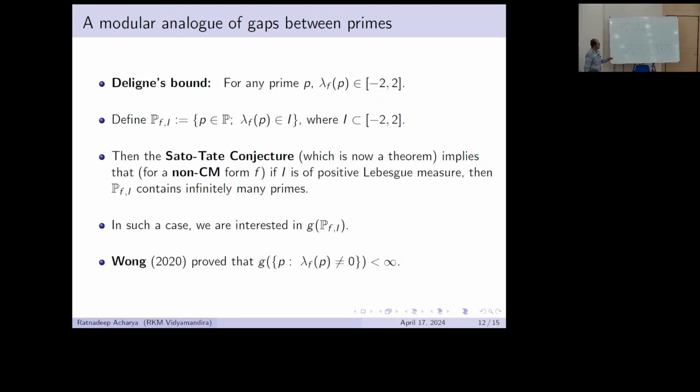So it is finite, but the problem becomes even more difficult if we make I smaller. Is it clear? As I becomes smaller, the problem becomes more difficult. So this is the only result known in this direction.